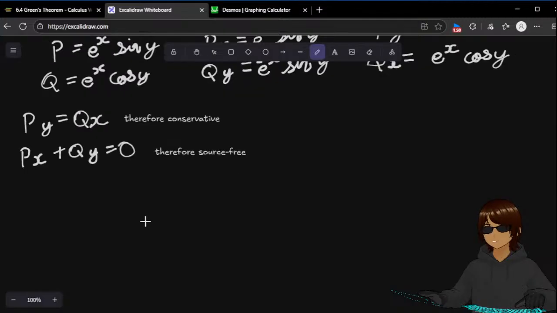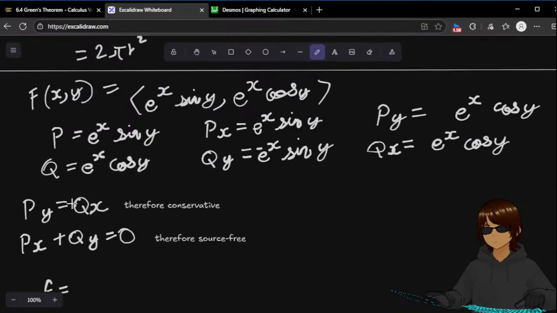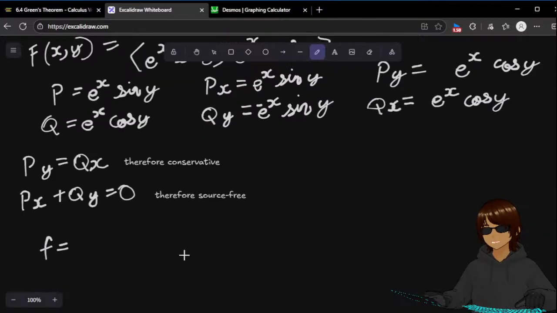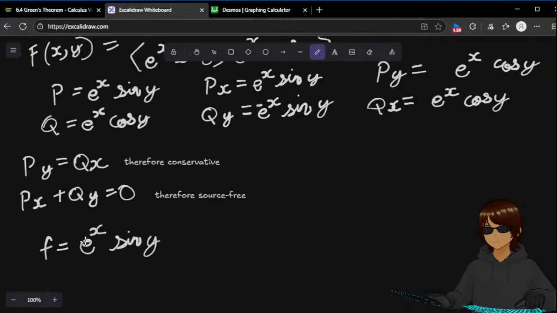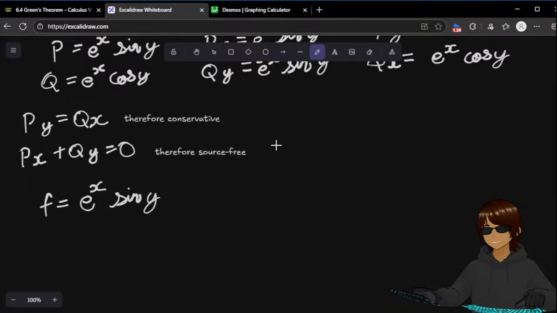And now we need to find the potential function f. f is equal to e to the x sine y. We differentiate this with respect to x, we get e to the x sine y, which matches P. Differentiate this with respect to y, we get e to the x cos y, which matches Q.